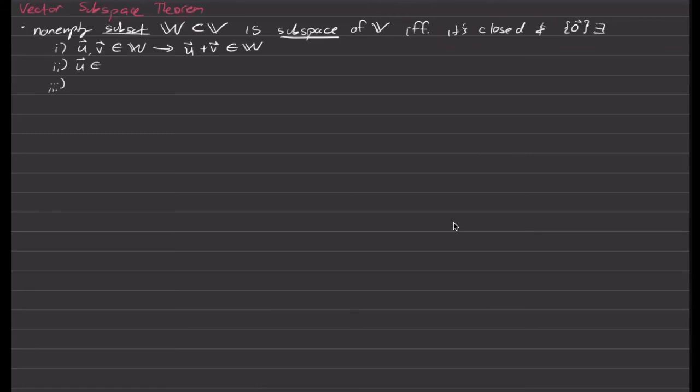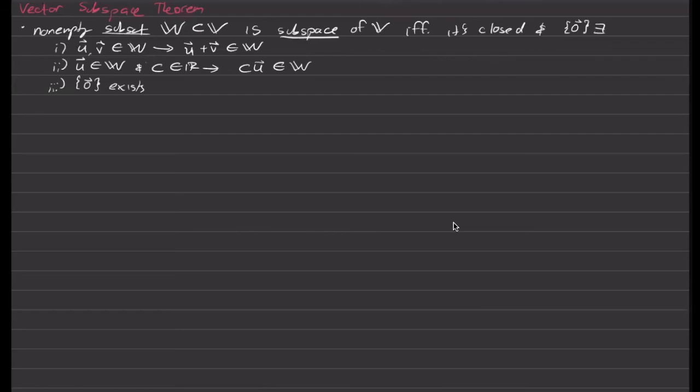If u is in our subset W, and we take some constant c, which is a real number, c times our vector u must also be in our subset. And the third is that the zero vector exists. If you can prove all these three, then your subset W is called a subspace.